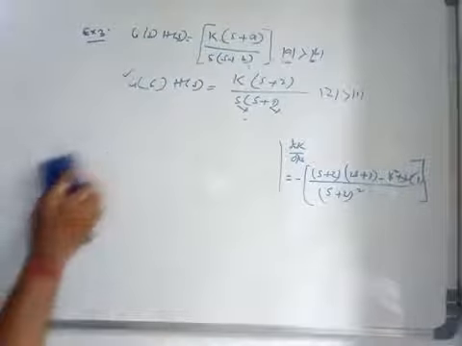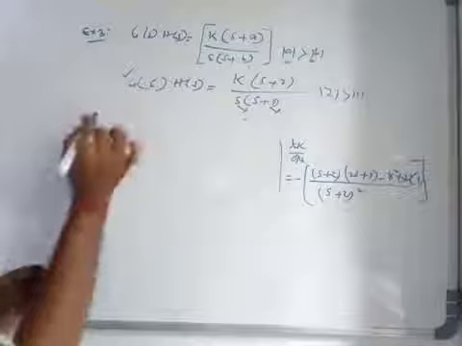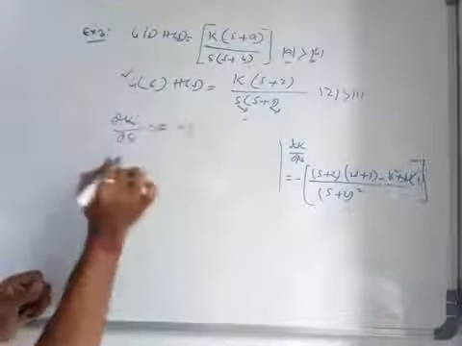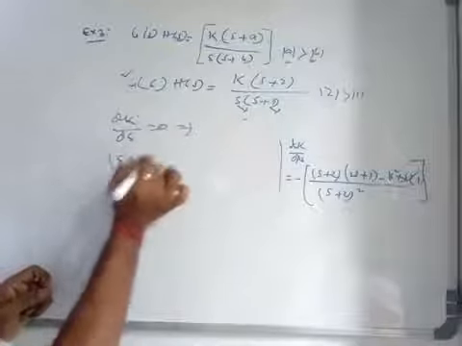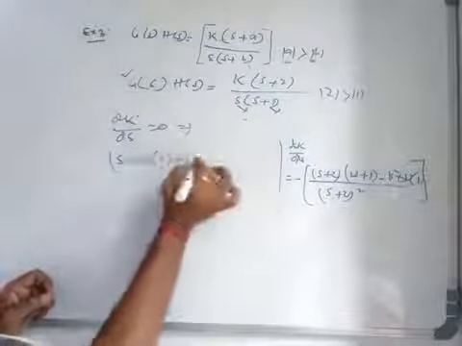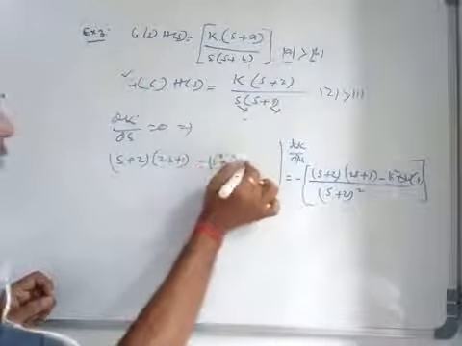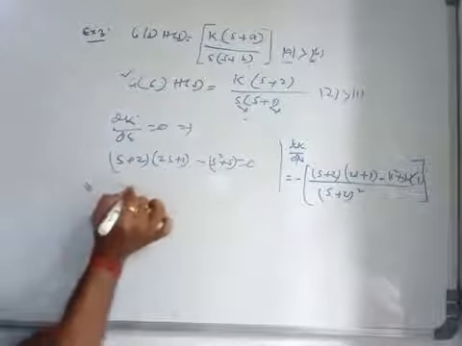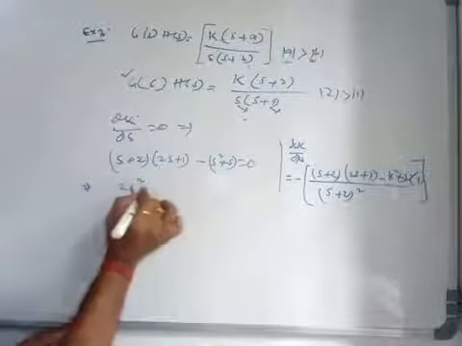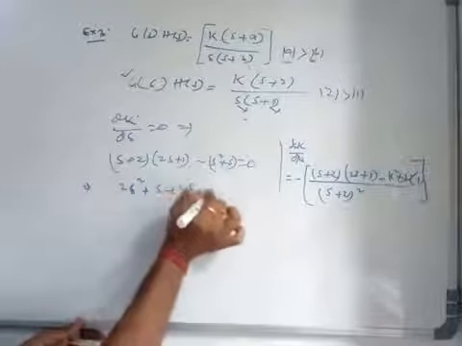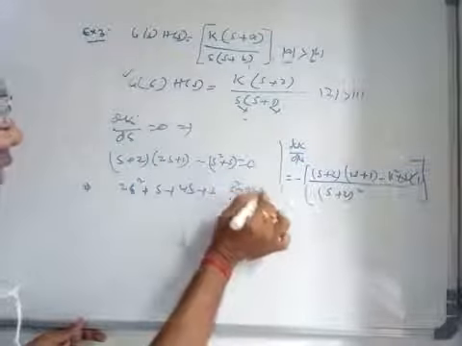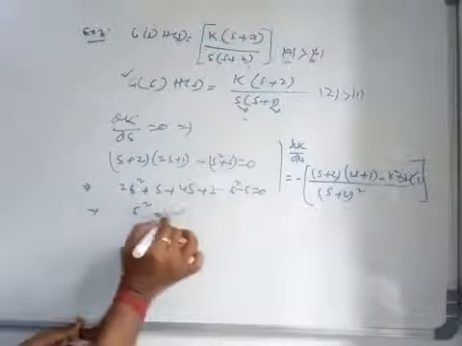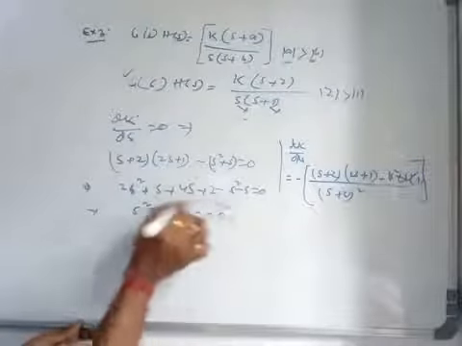If I make dk/ds equal to 0, then what will you get? dk/ds equal to 0 will give you (s plus 2) into (2s plus 1) minus (s square plus s) equal to 0. Right, and you see this is 2s square plus s plus 4s plus 2 minus s square minus s equal to 0, or this is s square, you see this is 2s plus 2 equal to 0.